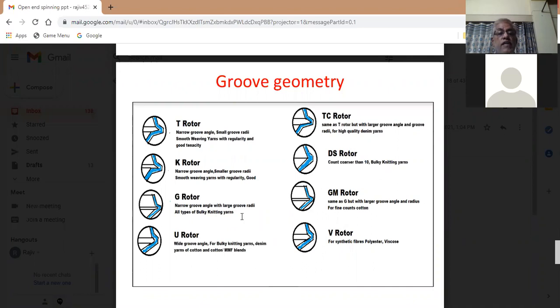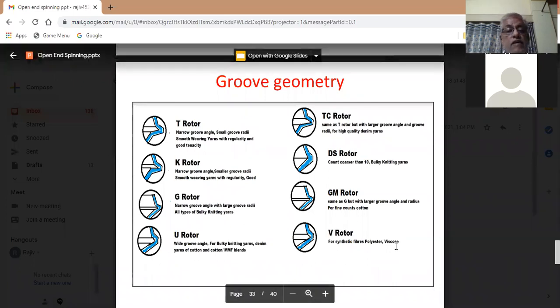We can conclude that T and K rotors are having small groove radii and groove angle, and they result in weaving yarns with regularity and good tenacity. G rotor has narrow groove angle and is used for bulky knitting yarns because it is having large groove radii. U rotor is also used for bulky knitting yarns, and it is having wide groove angle and used for cotton and man-made fibers.